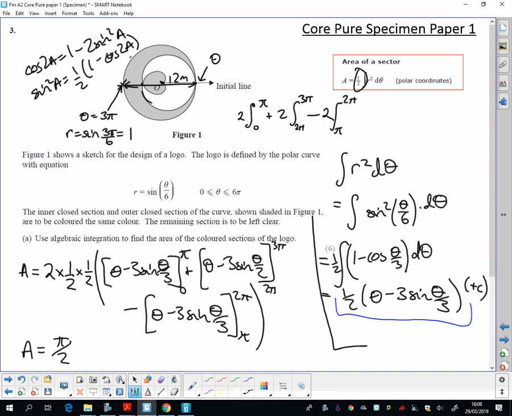This point here then, when did we get there? Well, we started there, we went round the loop, and we got there, so theta is 2 pi, will give us that point, so that's r sine 2 pi over 6, which gives us root 3 over 2.